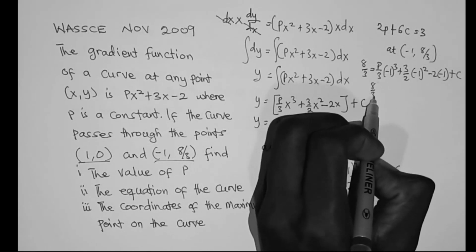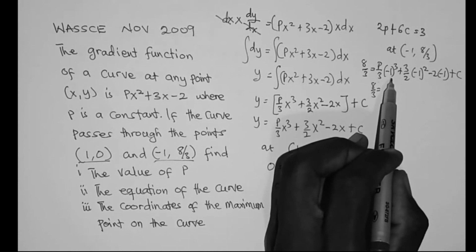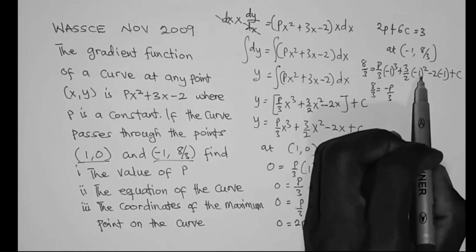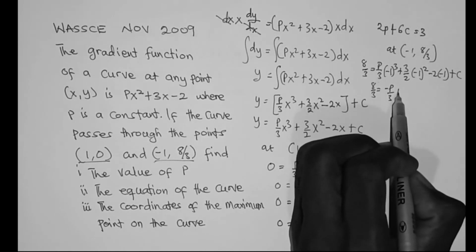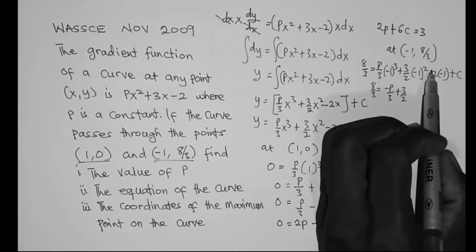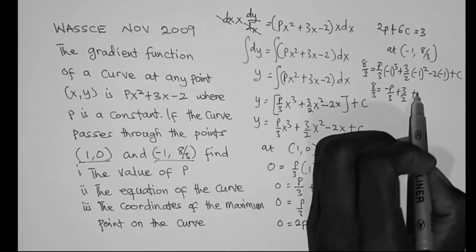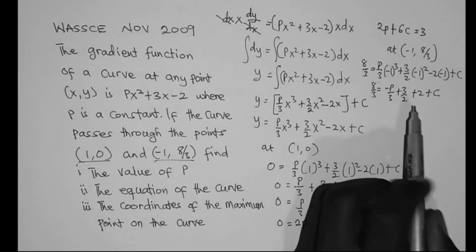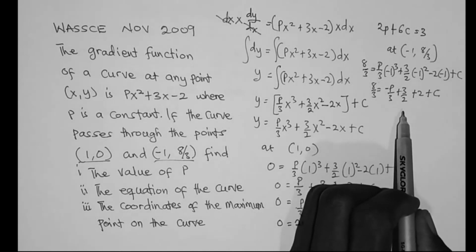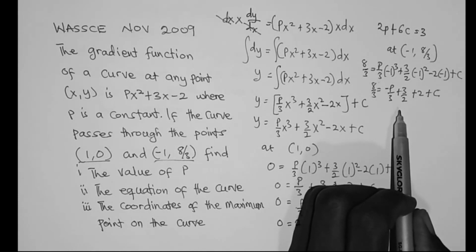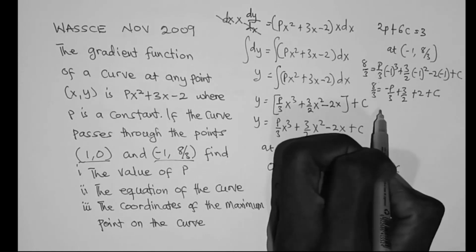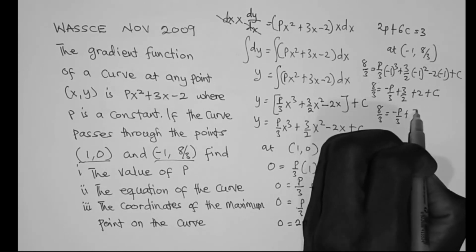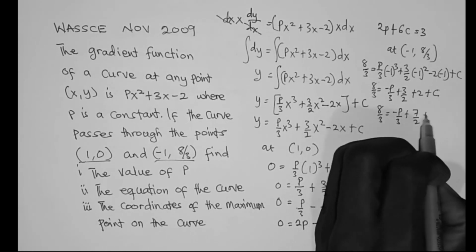So 8 over 3 is equal to minus 1 cubed is minus 1 times p over 3, which is minus p over 3. Then minus 1 squared is 1 times 3 over 2, which is plus 3 over 2. Then minus 2 times minus 1 is plus 2, plus c. So 3 over 2 plus 2 is equal to 7 over 2. So 8 over 3 is equal to minus p over 3 plus 7 over 2 plus c.